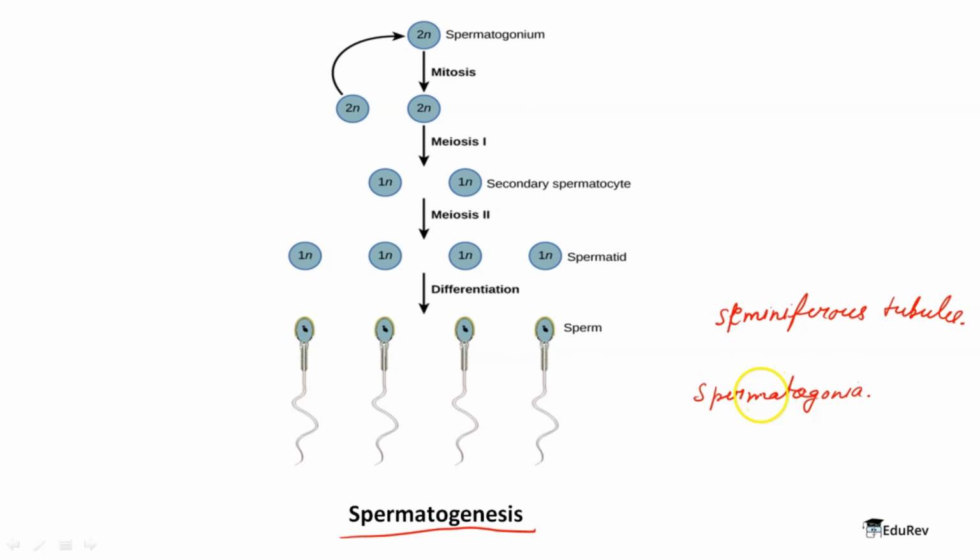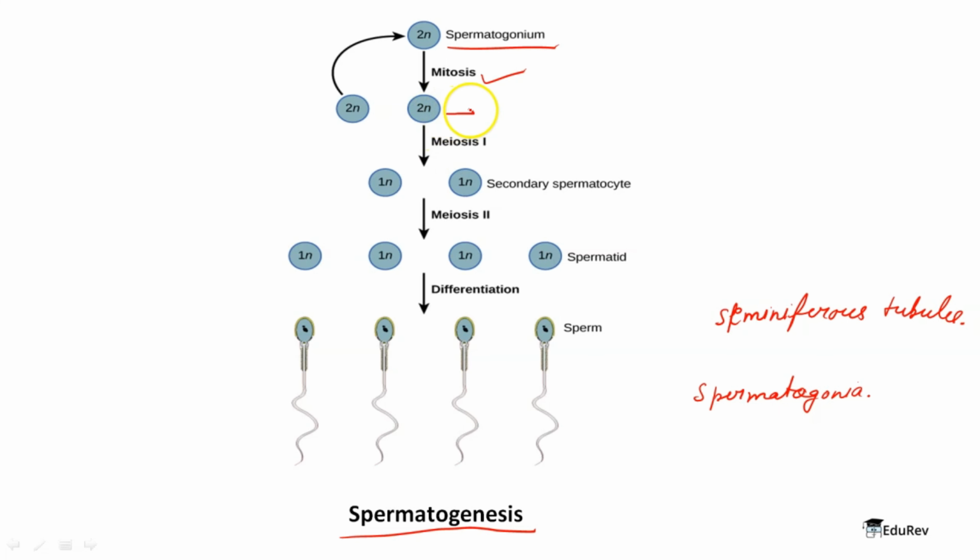Let us study the process. Start with the mother cells that are spermatogonia. These spermatogonia multiply by the process of mitosis, right? Then in some spermatogonia, differentiation takes place and they are transformed further into primary spermatocytes.